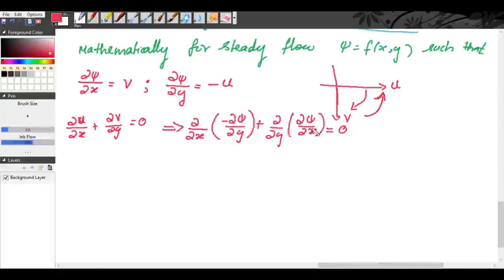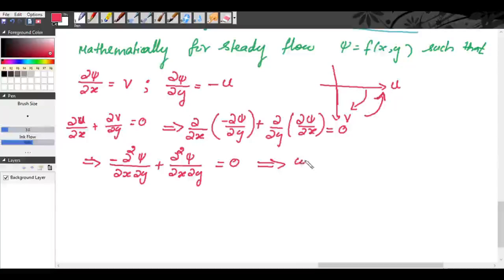So what we get is minus dou square psi by dou x dou y plus dou square psi by dou x dou y is equal to 0. That means it is satisfying the continuity equation. Okay, continuity equation is satisfied.